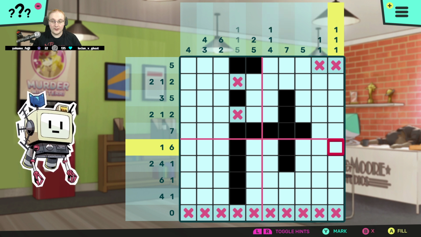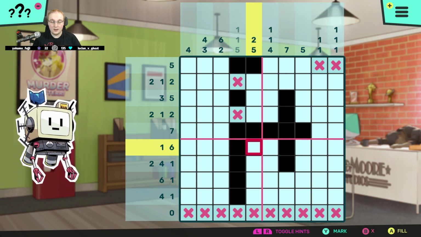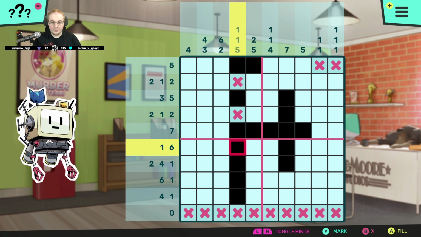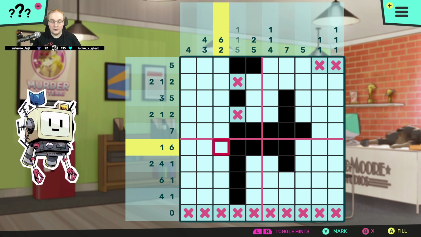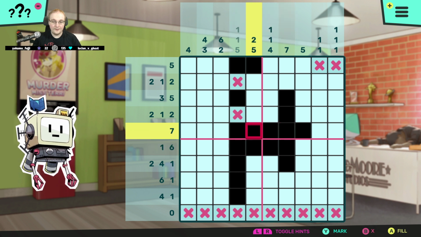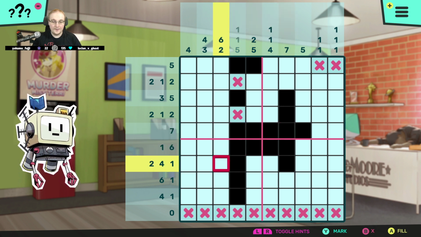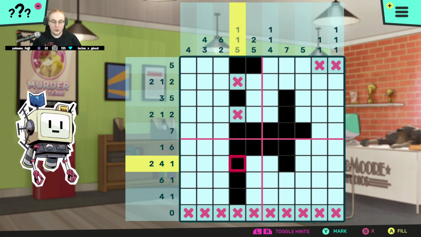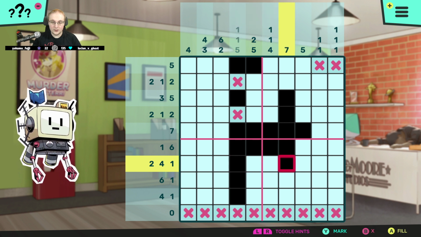You can't fit a 6 in there and still have a gap, so that's got to be the 4 there. 5, and then the 6 can go either side of there. You could fit a 1, 2, 3, 4. You couldn't fit a 4 in.